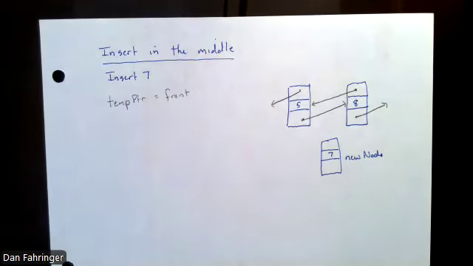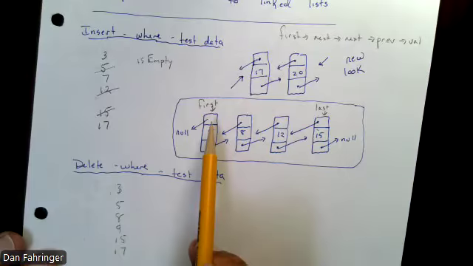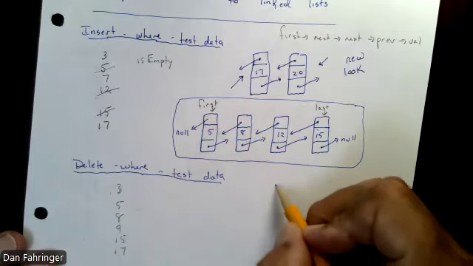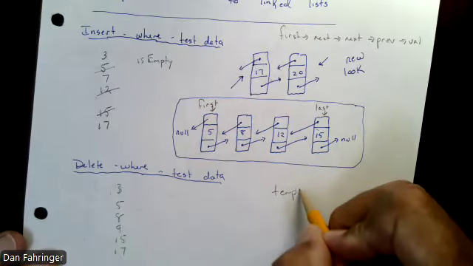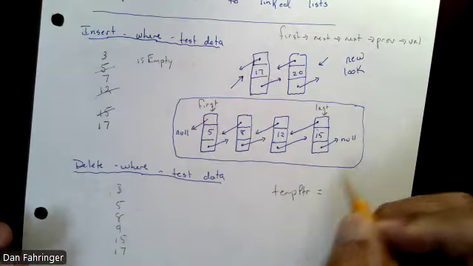I have a question. Could you explain just real quickly the difference between temp pointer is equal to front and then front is equal to temp pointer? Right now we have front pointing to here. We have a variable called temp pointer, and when we initialized it, we probably said it's pointing to null.